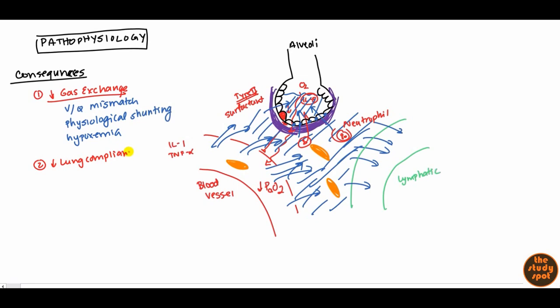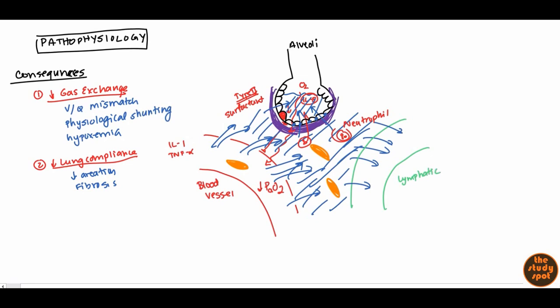And this is attributed, first of all, to the fibrosis that occurs, and also areas where the lung collapses or the alveoli collapse, those areas tend not to expand as well. And so you get this decreased lung compliance. This is due to decreased areas of aeration and the fibrosis that oftentimes occurs.